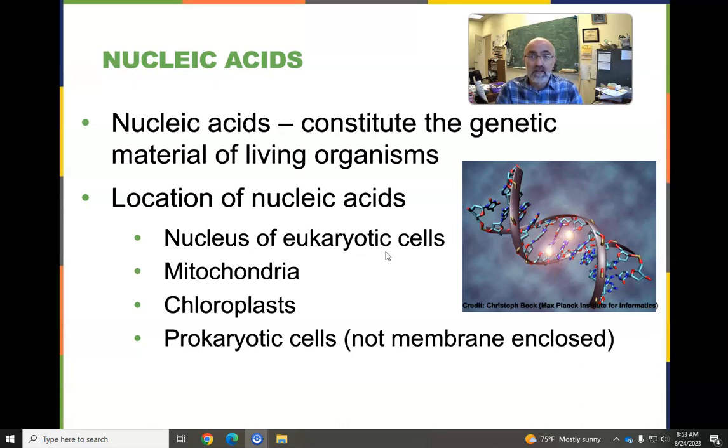The father does not contribute any mitochondria to your body, and so you can actually trace your maternal lineage through the DNA in the mitochondria. And then plants, similarly, have chloroplasts that have DNA. In prokaryotic cells, these are bacteria, the DNA is found just in the cytoplasm. There's no nucleus that encloses it.